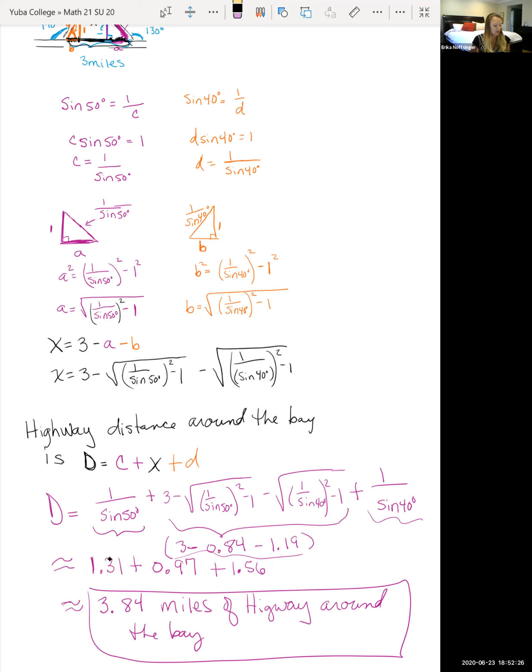Looking at the answer in the book, they have 3.83. And so that could have been because I rounded somewhere in there.